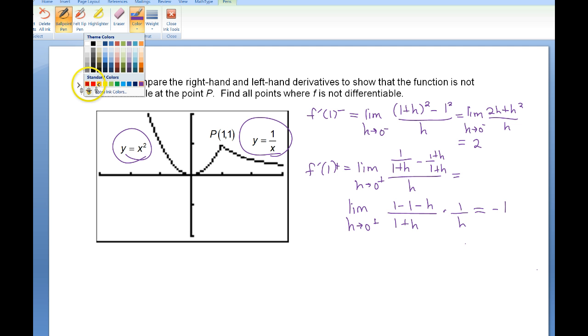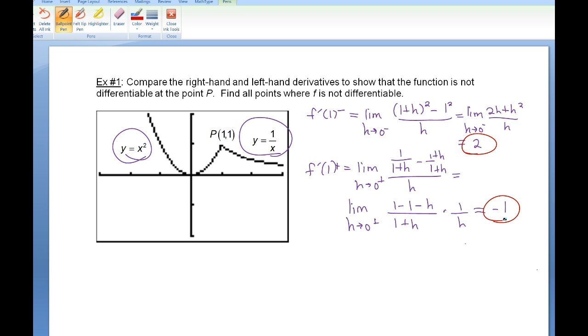So we can see, because this result was 2 and this one was negative 1, notice it looks like, remember how you said it first looks kind of like a cusp? It's not a cusp because we didn't get positive or negative infinity for our results. So that's how we know this is a corner, even though I didn't ask that question, but this is a corner. So it's not differentiable.